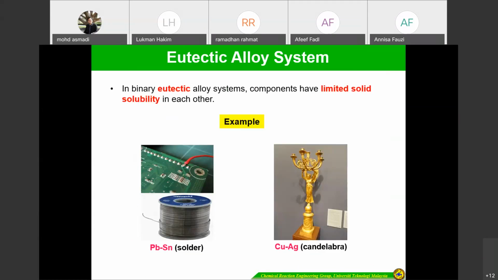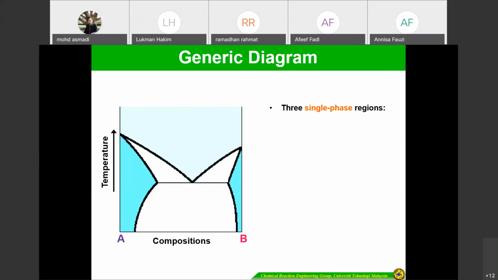Lead and stannum is for solder. Similarly, the phase diagram is separated by phase boundaries. So this is the example of the eutectic phase.